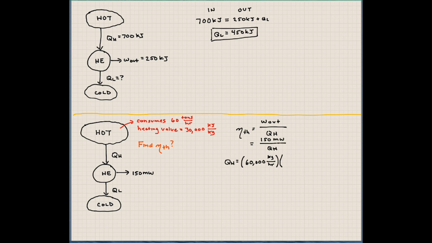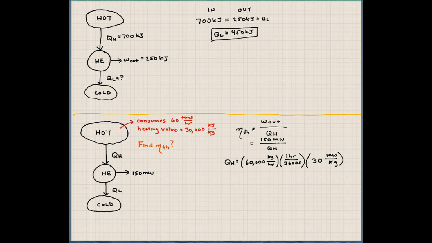And let's go ahead and convert that hour to seconds just to make our lives easy again. So 1 hour has 3,600 seconds. Okay. And also we will use our heating value, our energy storage of our fuel, which is 30 megajoules per kilogram.